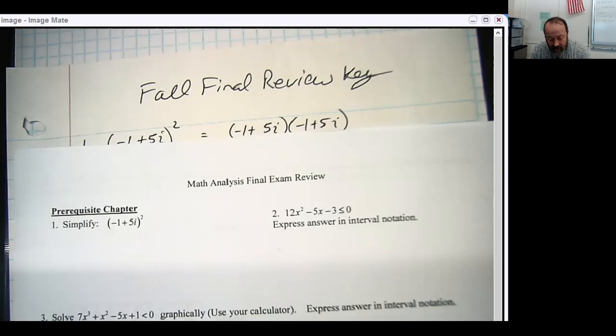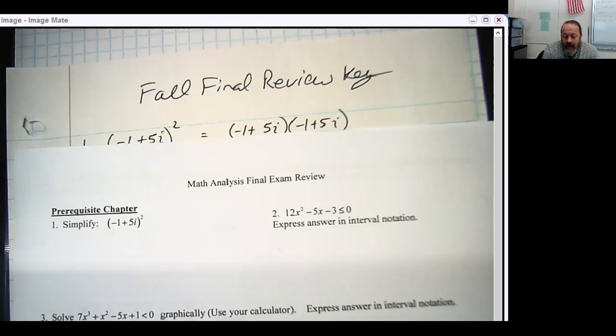After I graphed it, I went to calculate it and I looked at the number 0. And so the way that one works is you plug in your equation and then you move the cursor just to the left of the 0, like right here, hit enter, move it to the right of the 0, hit enter again, and then a third time and it will zero in on that number.